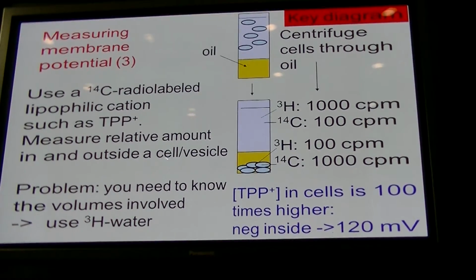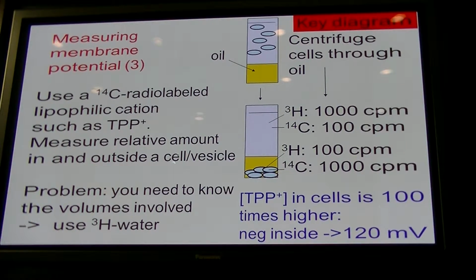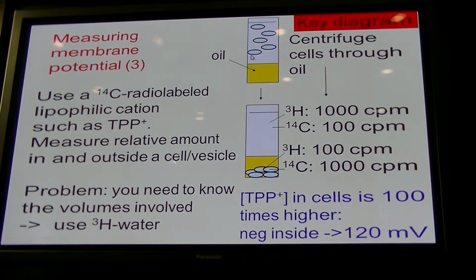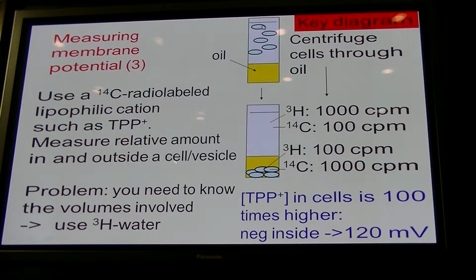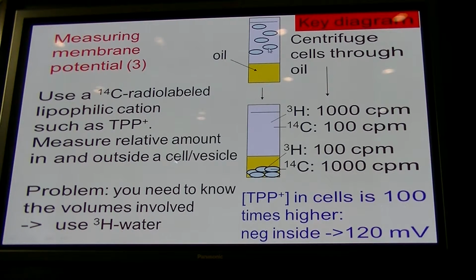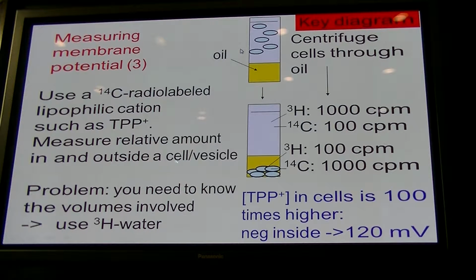So you can use the distribution of labeled ionic substances such as TPP+. So let's imagine we have here a suspension of small, let's say, bacteria. And these are alive, and they have a membrane potential over their plasma membrane. Can we measure that membrane potential?